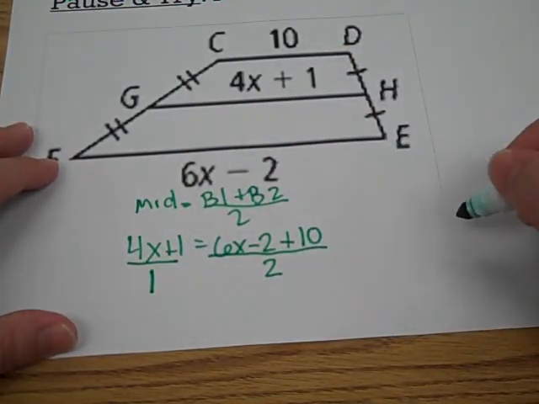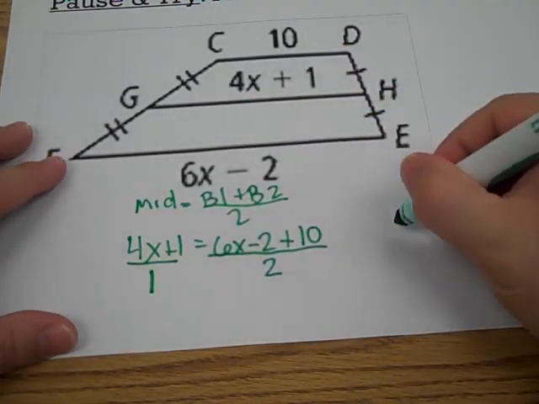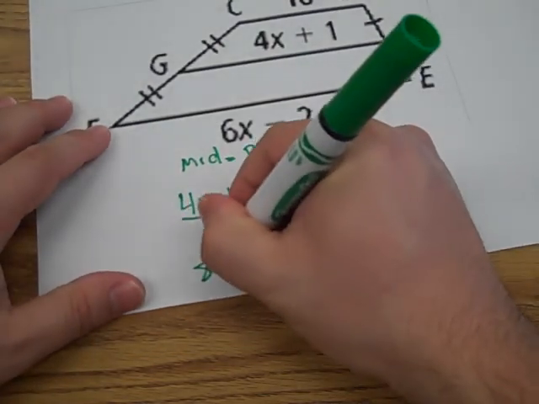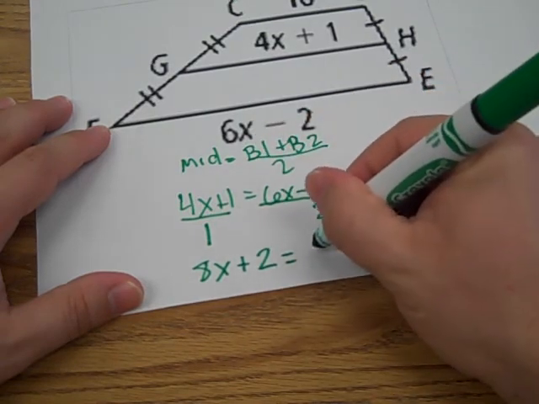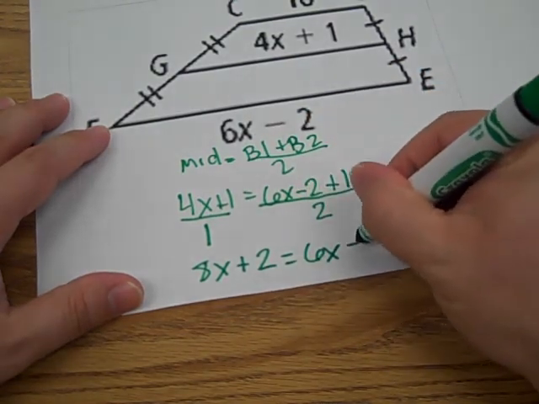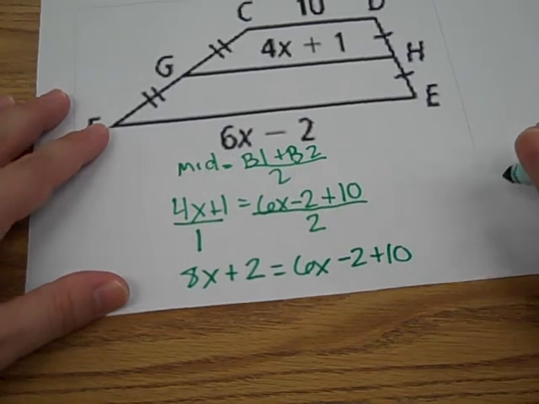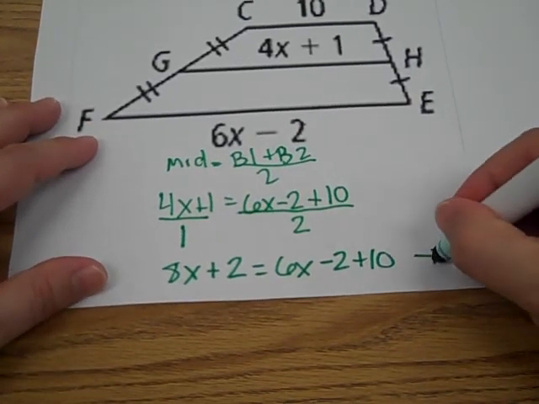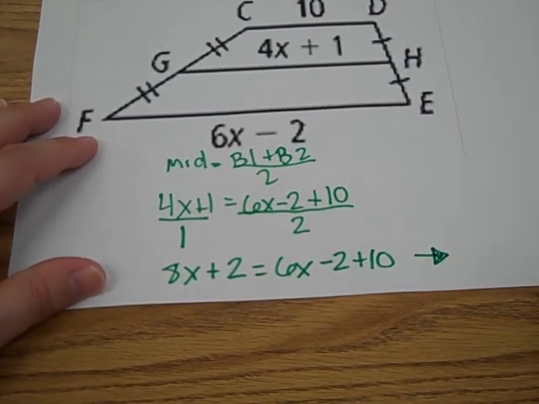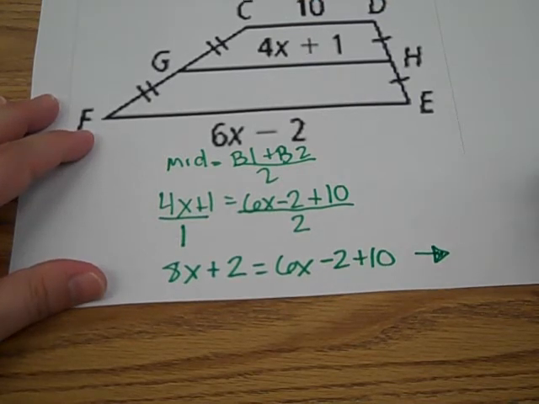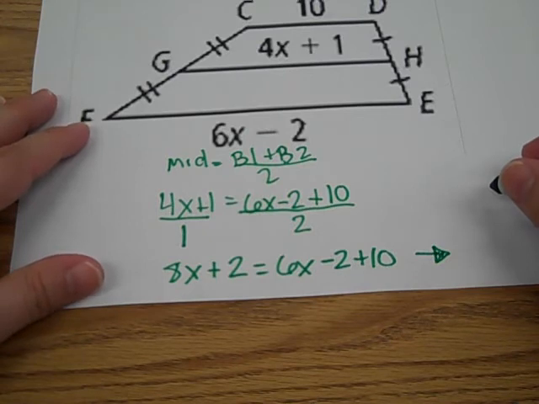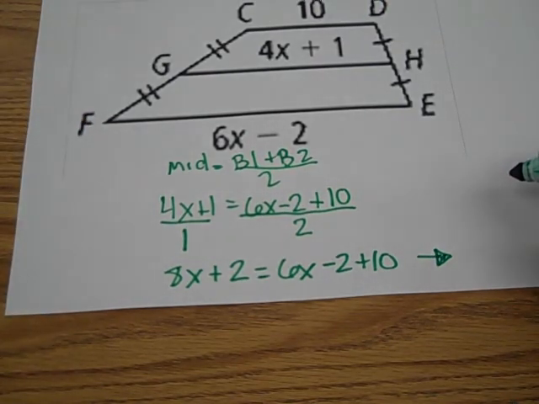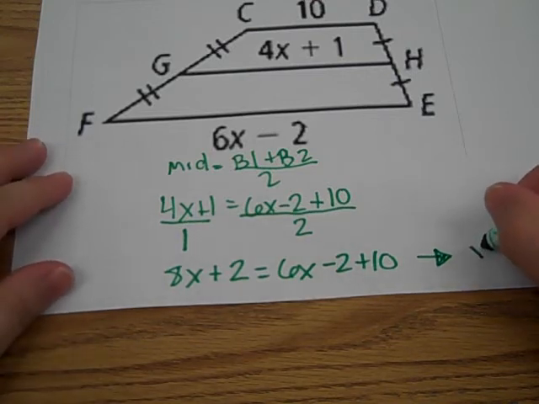Make that into a proportion. 2 times 4x is 8x. 2 times 1 is 2. This all stays the same. And then you can continue solving. And I'm going to get x to be 3.